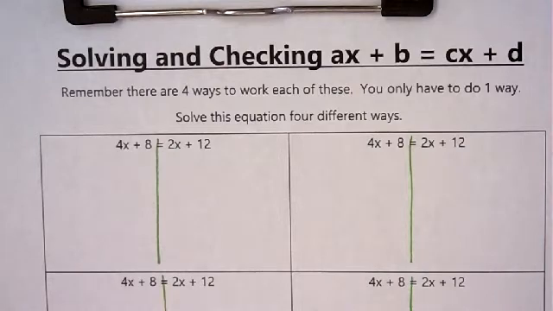I just said you need to get your x's on one side together and your numbers on the other side together. Okay? So you're going to have to move one of the x's and you're going to have to move one of the numbers.